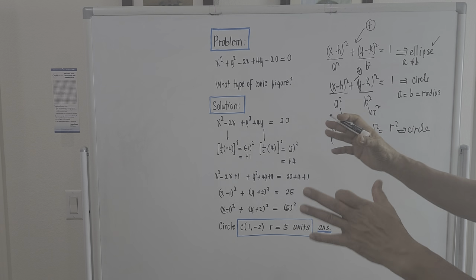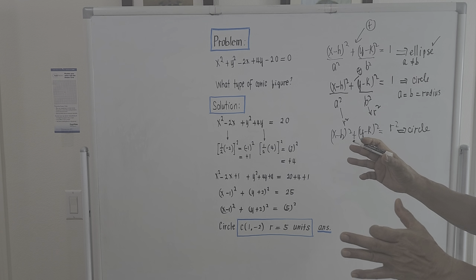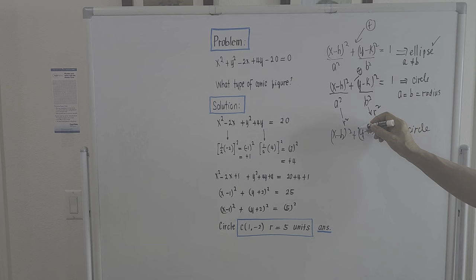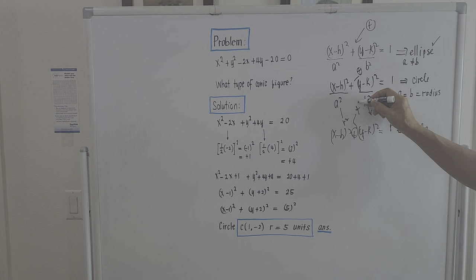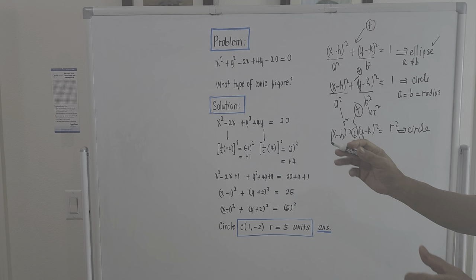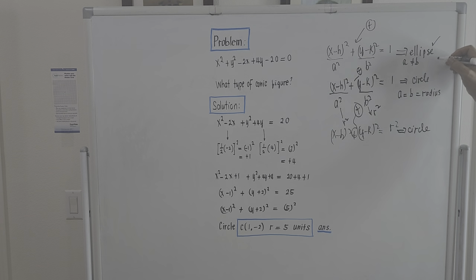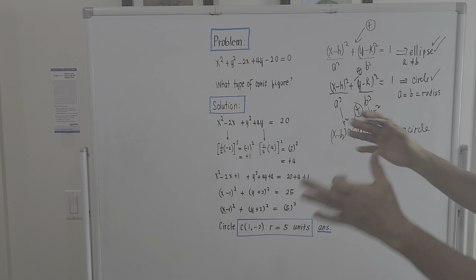So let's try to manipulate the resulting equation if the resulting sign will be a plus. The answer here could either be an ellipse or a circle, but it depends.